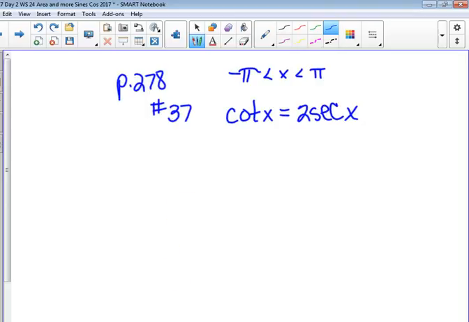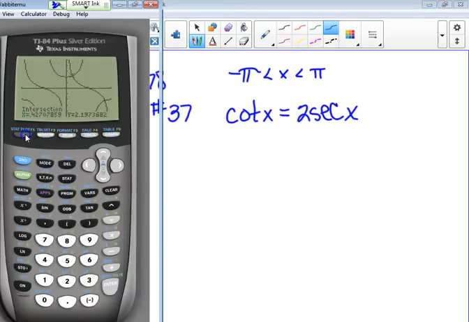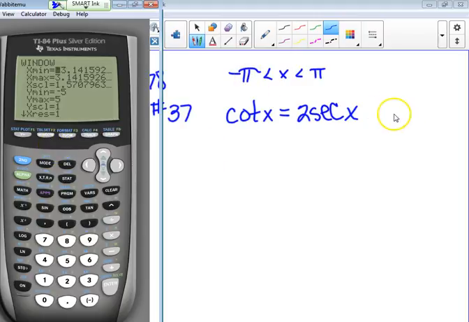All right, so if I go to the calculator, first of all, I want my window to be negative pi to pi. So I just literally typed negative pi, enter, pi, and then I did negative 5 to 5 for my y window.